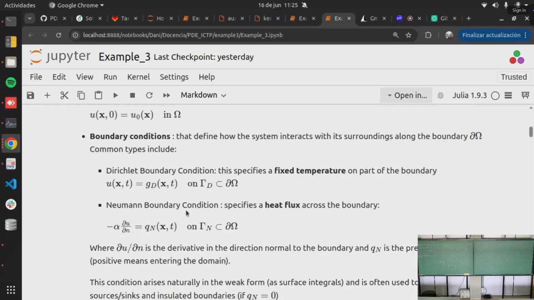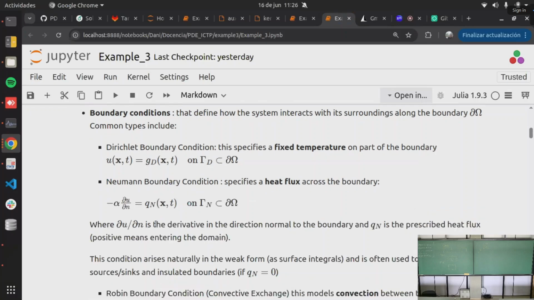That is a box in the big box. I will show you the mesh in a few minutes, where this is the heat flux. In this case it is positive, so it means that the flux is entering the domain.